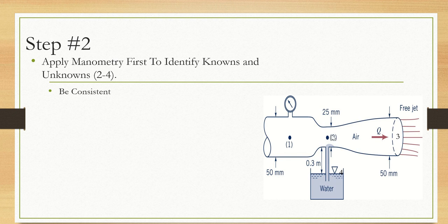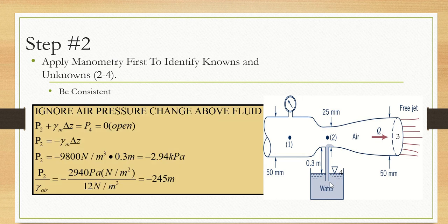Point 2 is above the inlet to my manometer, and point 4 is at the free surface of my container. And we ignore the air pressure changes above the inlet to my manometer. So we ignore the change in air pressure between point 2 and the inlet to my manometer tube.